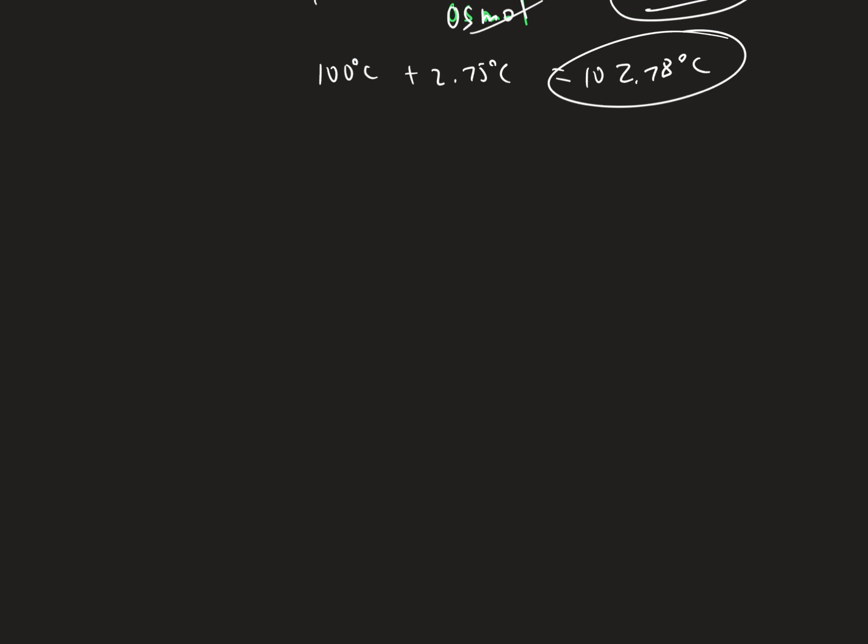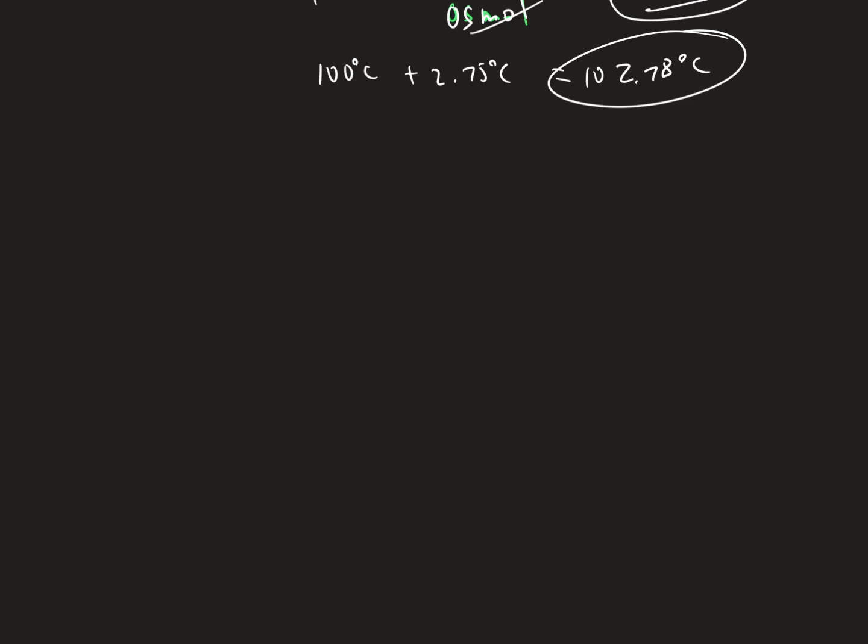No. Number 9 says determine if a given change of phase is exothermic or endothermic. Okay, so basically it's talking about if water goes from liquid to solid, is it exothermic or endothermic? Yeah, so that stuff we've kind of covered.